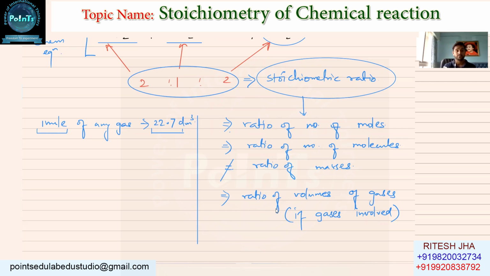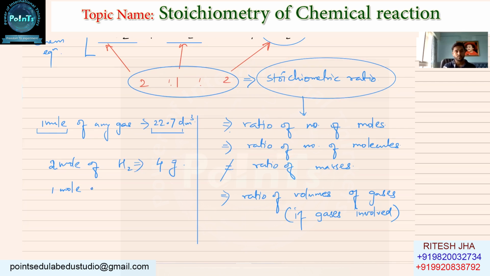But when I'm comparing with the masses, why is it not equal? Suppose I'm considering water. 1 mole of hydrogen is 2 gram, so 2 moles of hydrogen will be equal to 4 gram. Agree?